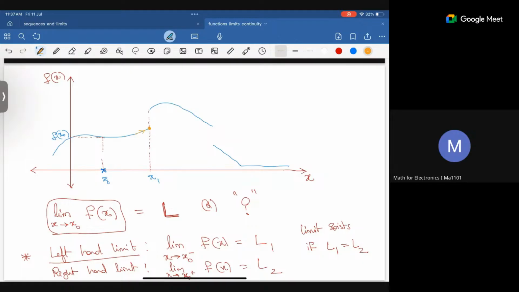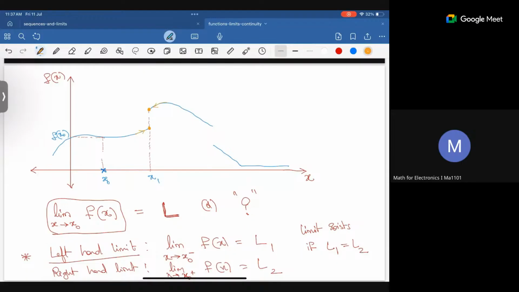Whereas if I approach towards x1, converge towards x1, from the right hand side, the function values will be like this, and you will see that it will slowly start approaching this point, if I come from the right side.